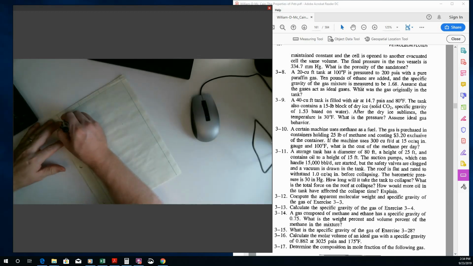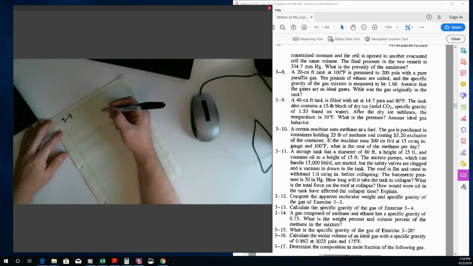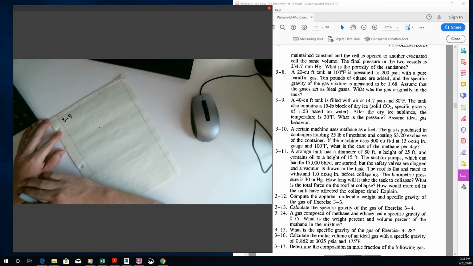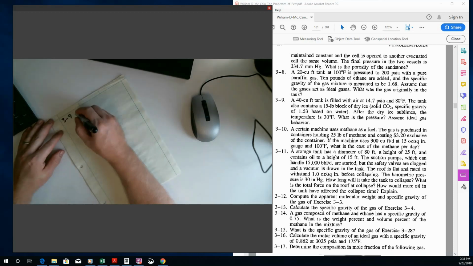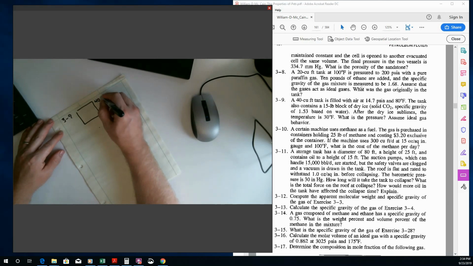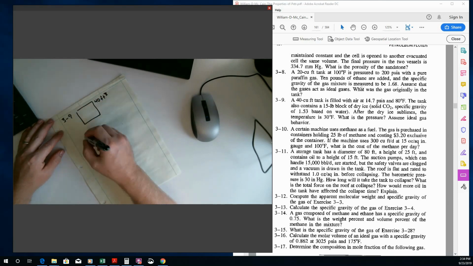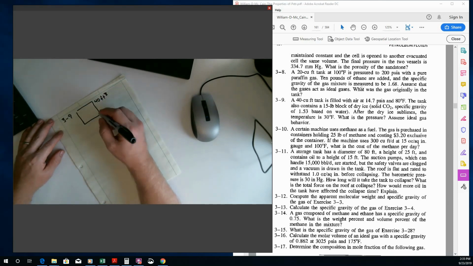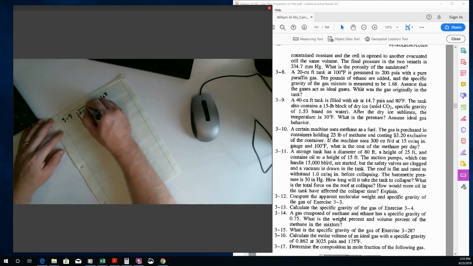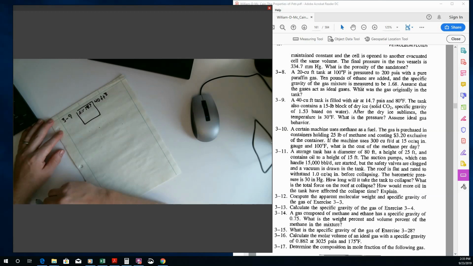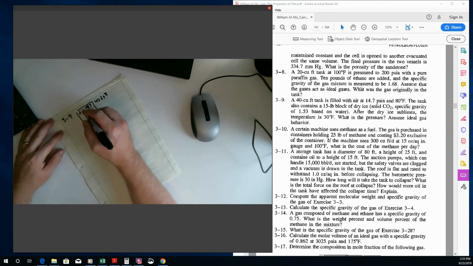Okay, let's look at 3-9. So 3-9, we got a 40 cubic foot tank filled with air at 14.7 psi, and T is equal to 80 Fahrenheit.